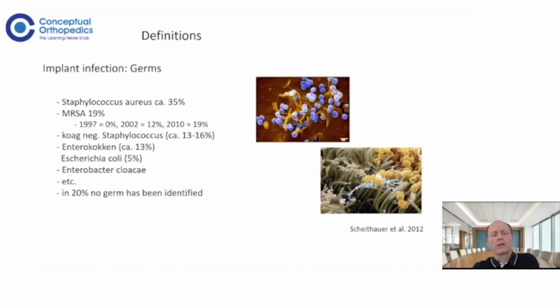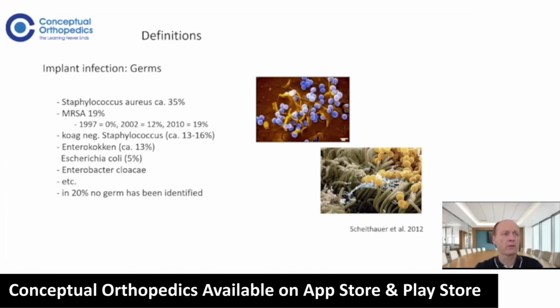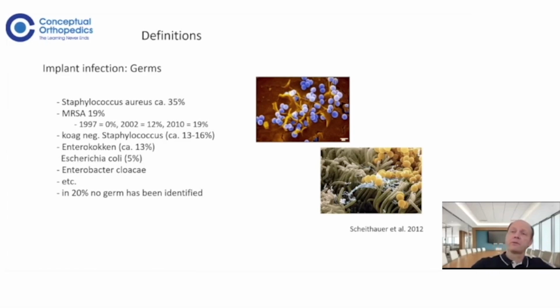What are the enemies we have to fight against? I think that is very variable. It depends on where you live, and even in the same city, you can have different germs in different hospitals. So it is very helpful if you analyze the statistics regarding the different germs on a regular basis.